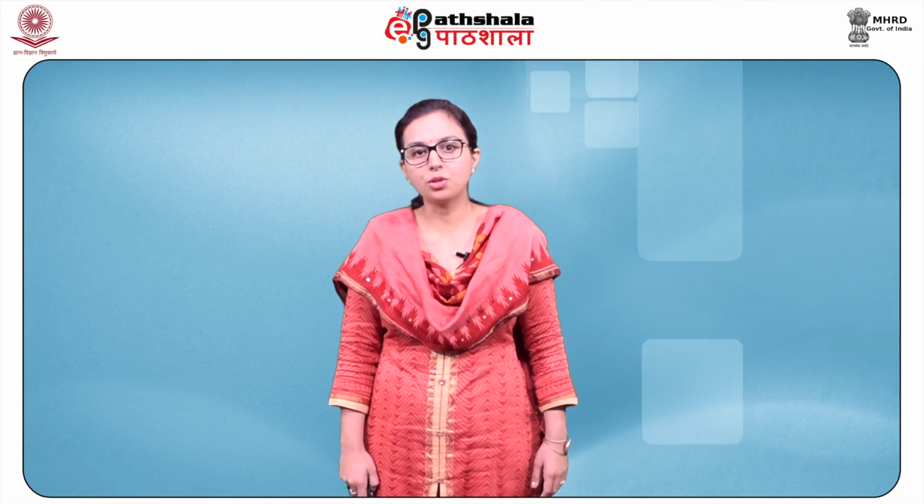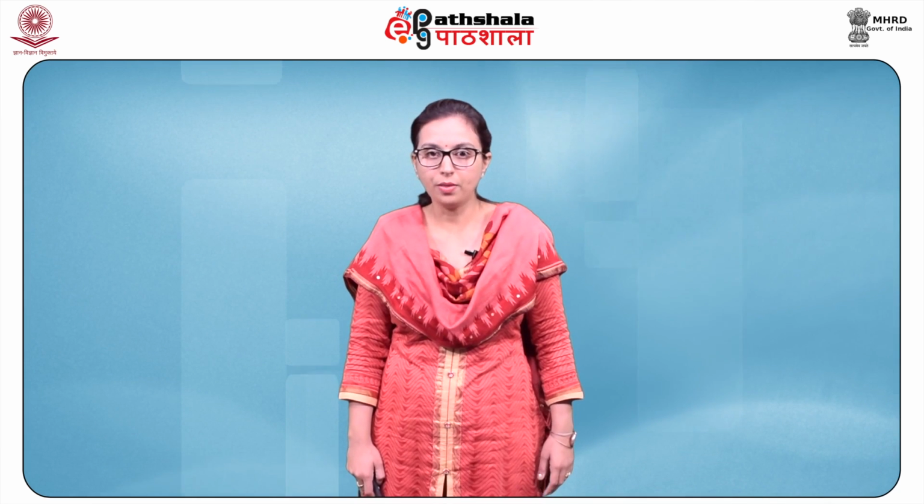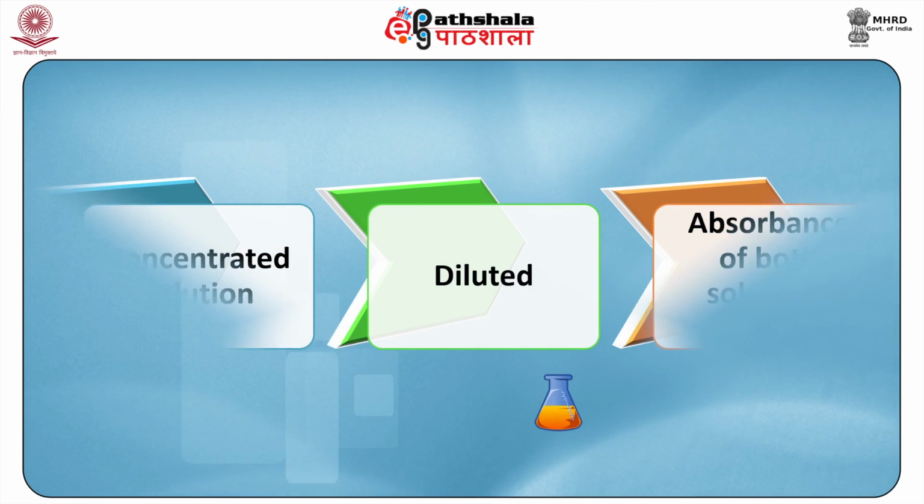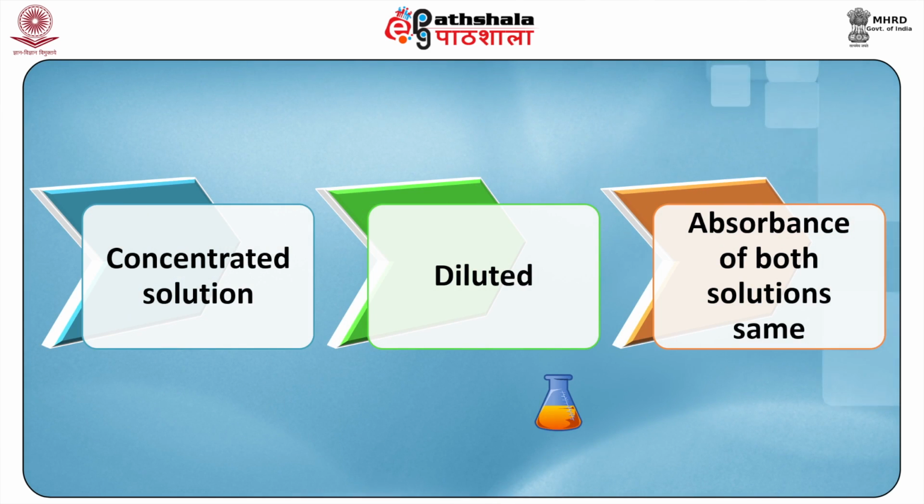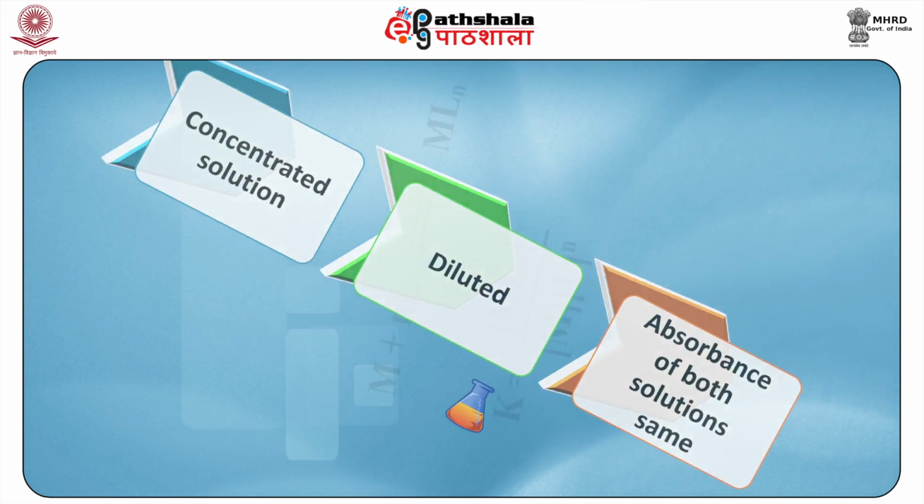Therefore, two different solutions with different metal-ligand ratios are measured at the strong absorption wavelength of the complex. Further, the concentrated solution is diluted to make the absorbance of both solutions the same.